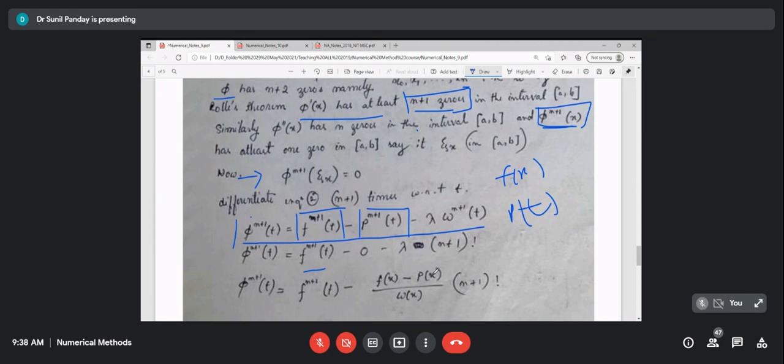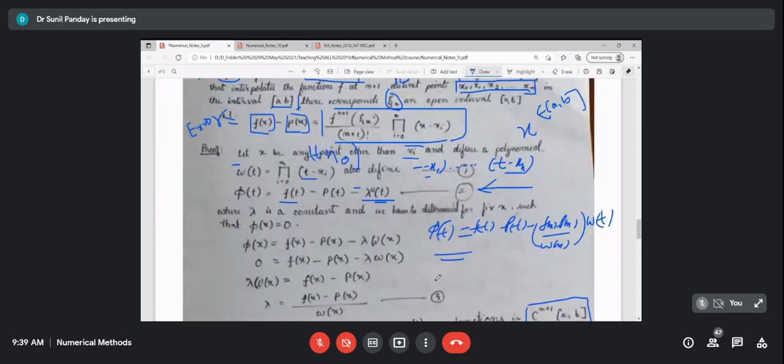So what is the degree of this polynomial p(t)?